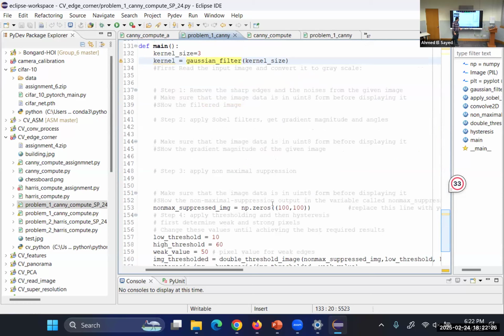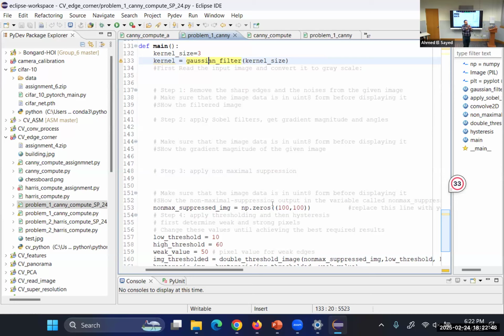After using the non-maximum suppression, we will do the thresholding. Remember, with the Canny edge detection, how many thresholds do we apply? Two thresholds, higher threshold and lower threshold.